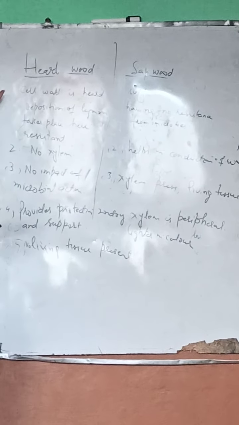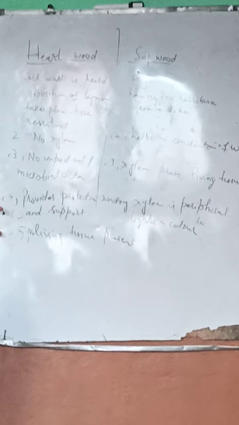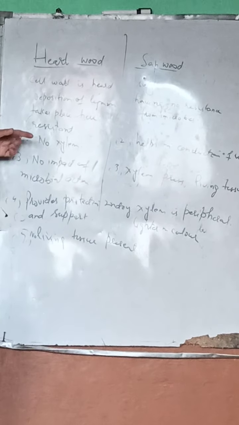In case of hardwood, there is no living tissue present, but in case of sapwood, there is living tissue present.